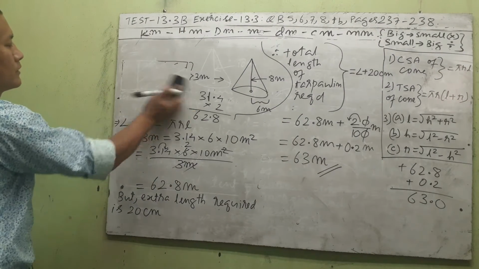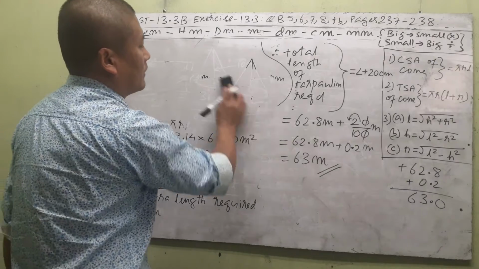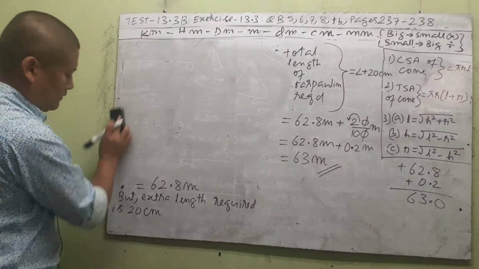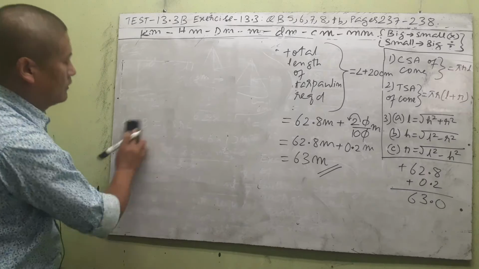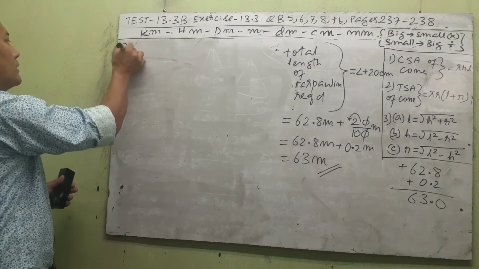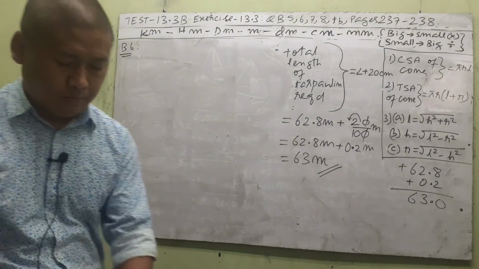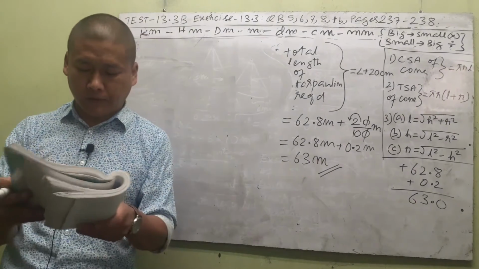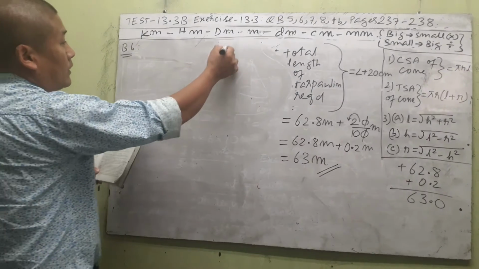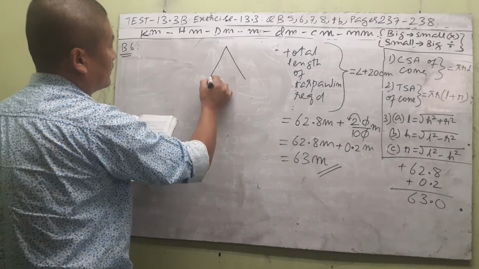Next, B6. The slant height and the base diameter of a conical tomb are given. So there's a conical tomb.